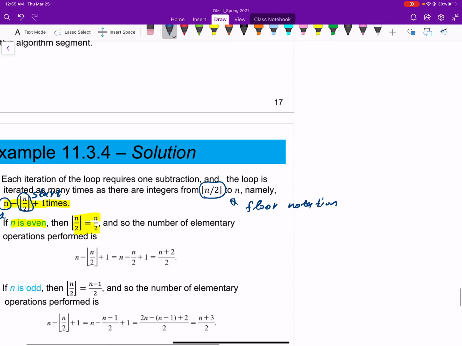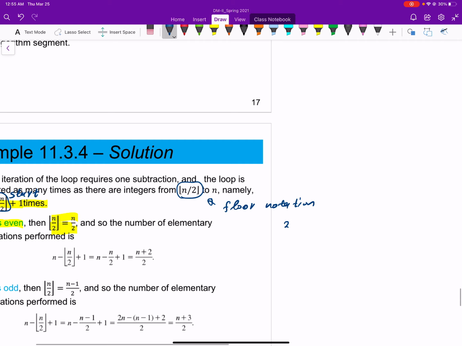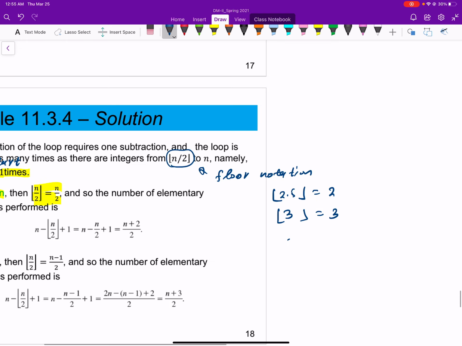All right, that's the floor notation. That means if you have 2.5, the floor is just 2. If you have 3, the floor is 3. It goes like that. If you have 7.8, the floor is 7.